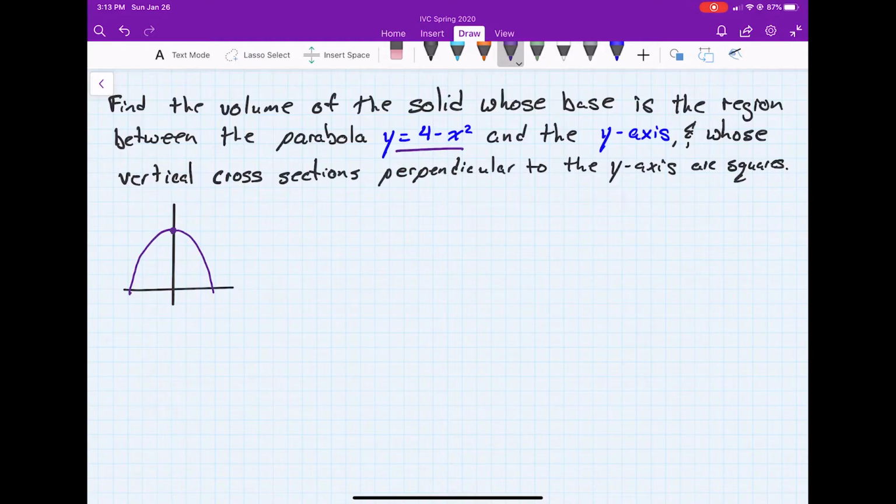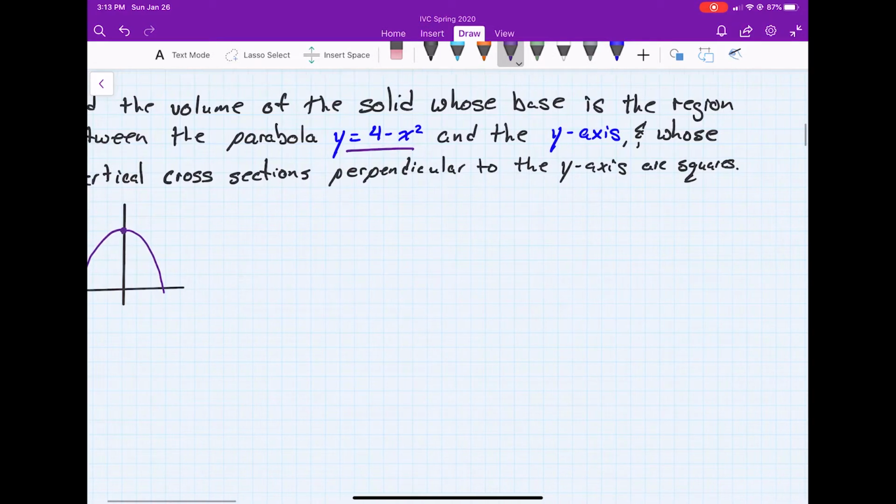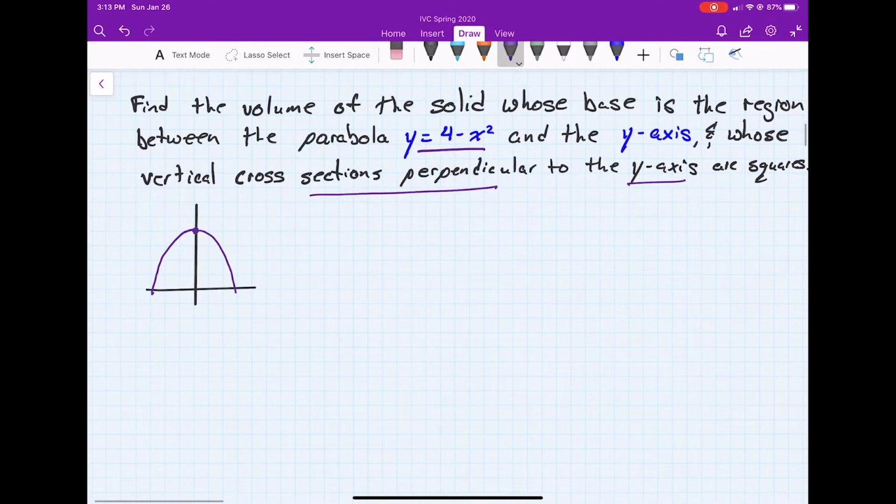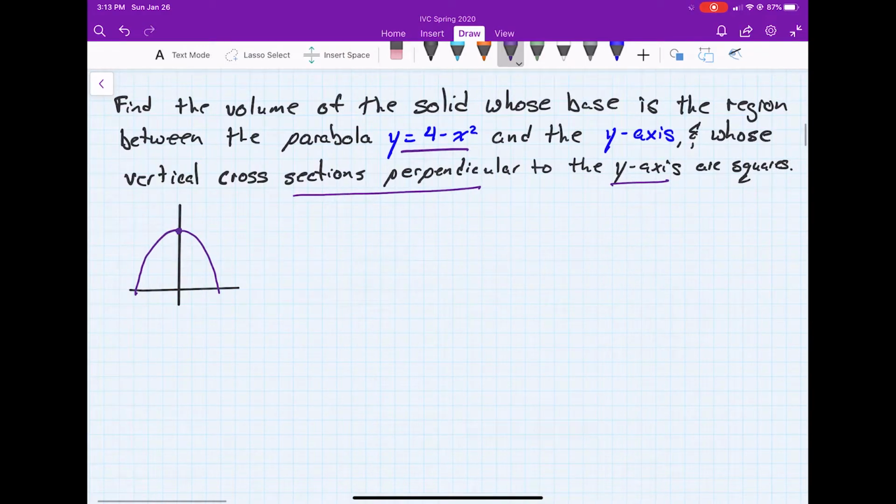Now, the first thing we need to do is find where this crosses the x-axis here. Sorry about that. So the sections are perpendicular to the y-axis. That means we're dealing with a slice that goes through this parabola, or this solid.